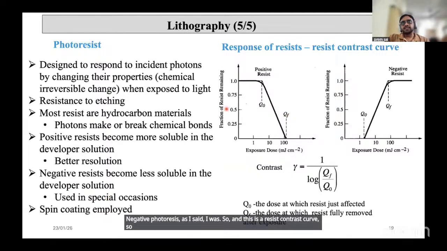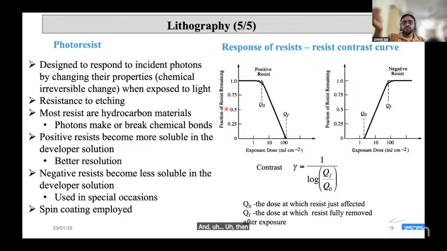When you buy any resist, let's say you purchased a photolithography system and you have a clean room, and you want to do some design, you have to buy photoresist. For every chemical, there is something called MSDS, Material Safety Data Sheet. In addition to that, you will have this information in those PDFs, the MSDS sheets: the resist contrast curves.